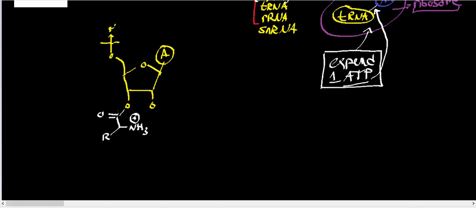So notice that essentially the amino acid is ligated directly onto the 3' hydroxyl group. This is the 3'. This type of reaction where the amino acid is directly ligated onto the 3' hydroxyl group, this is called an aminoacyl tRNA synthetase, but this type is called class 2.